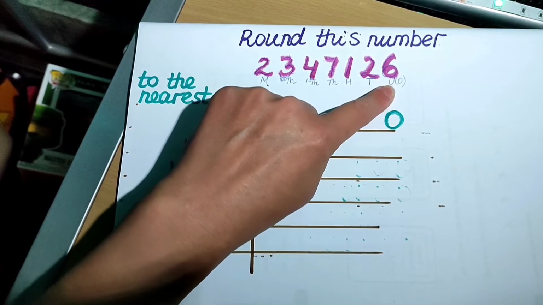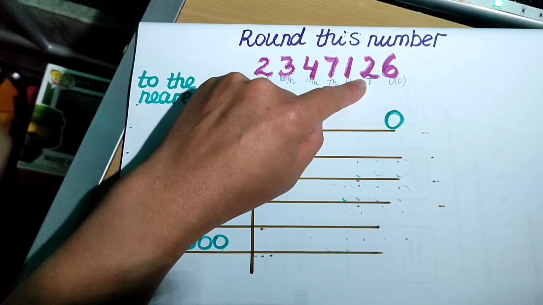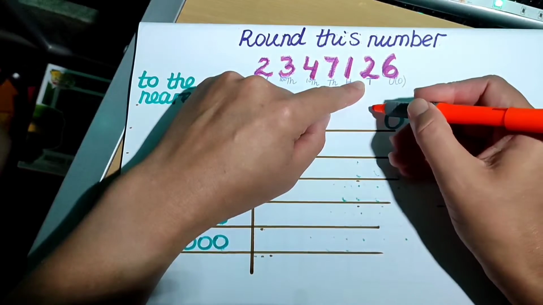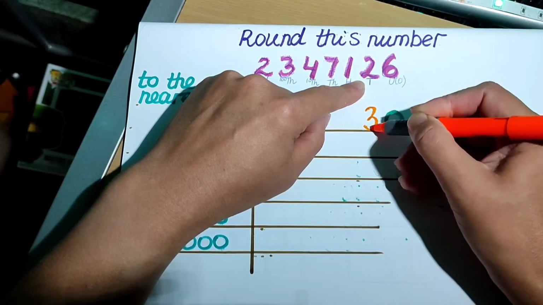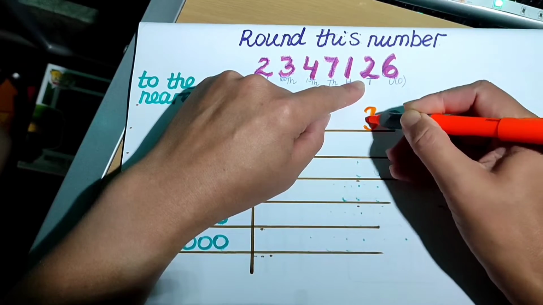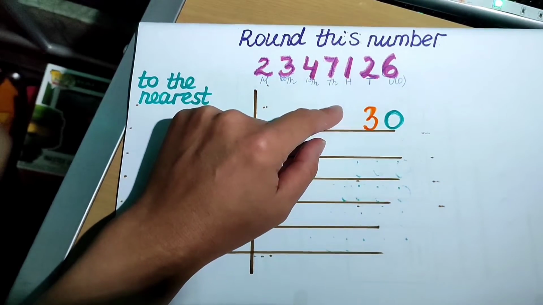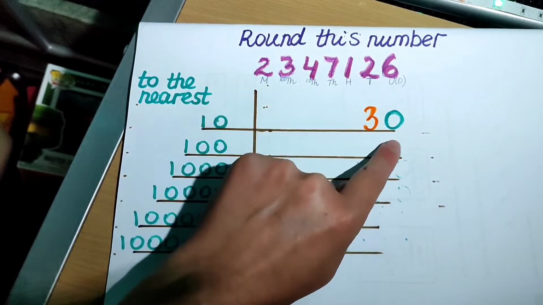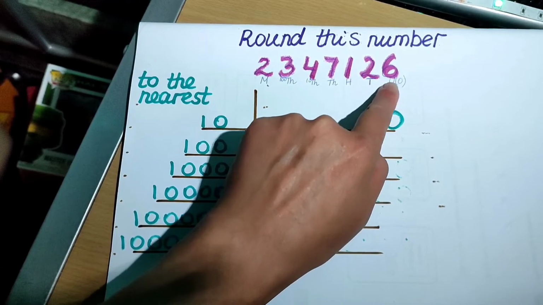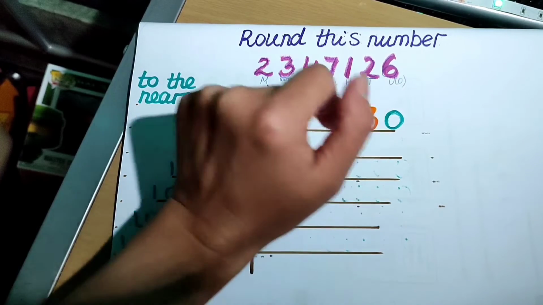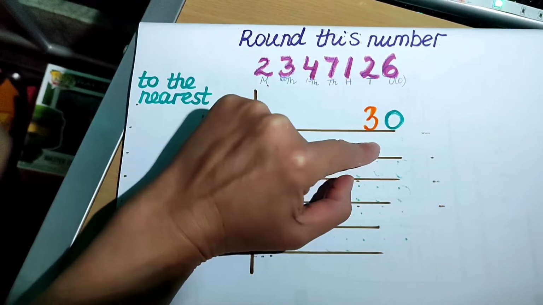So 6 is over 5, so that means that our number 2 is turning into 3. In other words, if we just take 26 out of this number and round it to the nearest 10, it's going to be 30. So you're asking yourself a question: is 26 closer to 20 or is it closer to 30? Well, it's closer to 30.